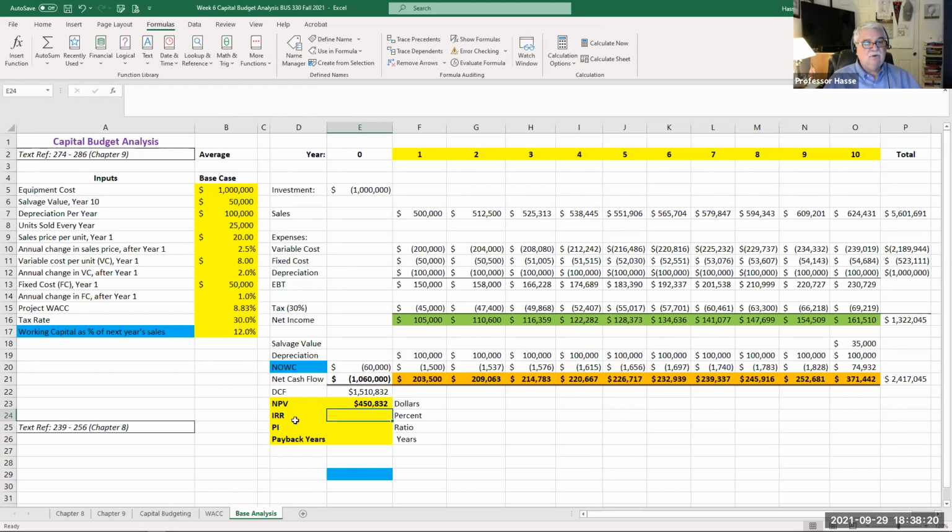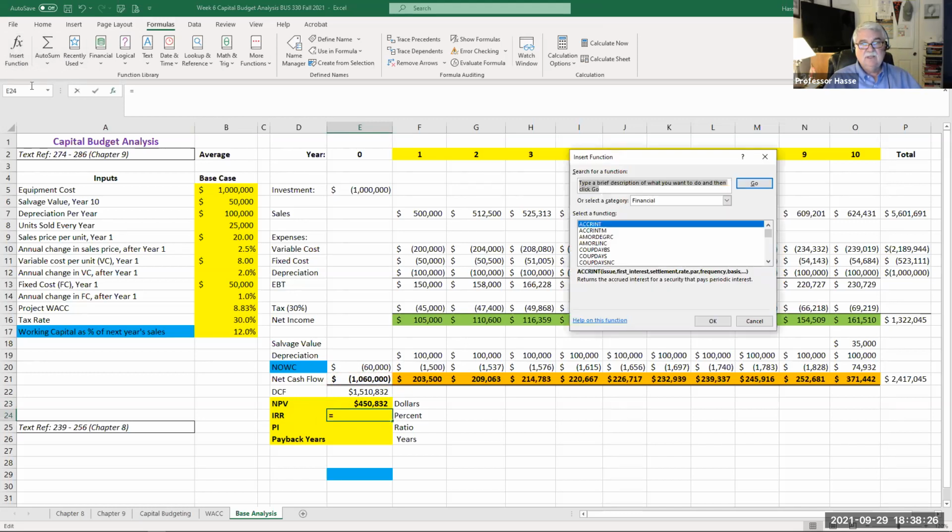What is our return in percent? Formula, function, financial, internal rate of return.